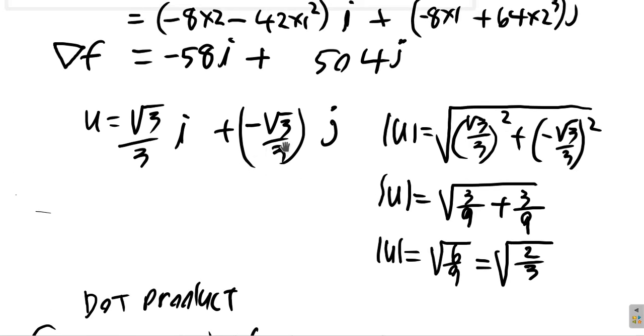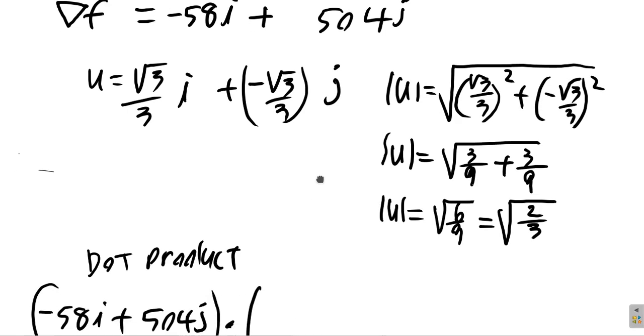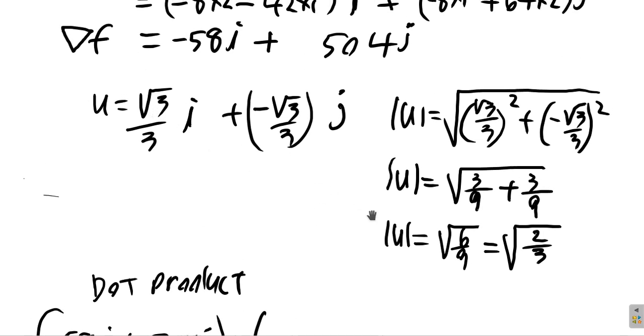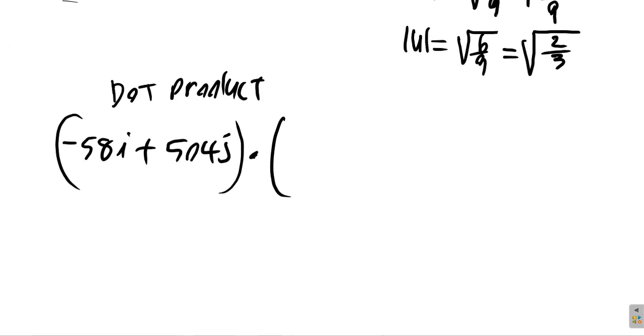U equals, now the unit vector here is going to be square root of 3 over 3 i, but this part will be over square root of 2 over 3.